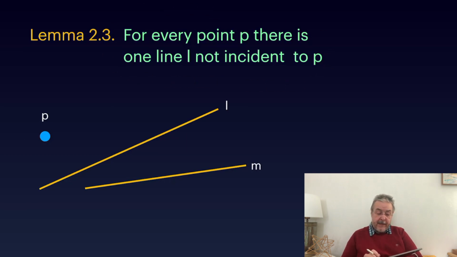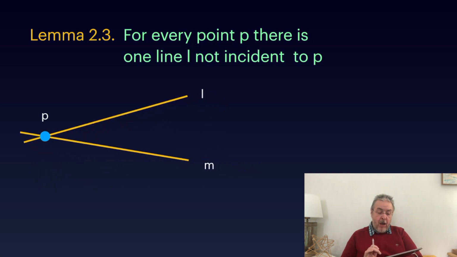So the only interesting case is if all lines really pass through that point P. But now our last lemma comes into play and says, well, on each of those lines there have to be more points. There have to be 3 more points, but already 2 suffice for what we are doing now.